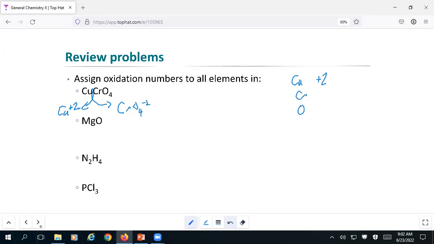Now for the chromate ion, if you familiarize yourself with the tips and tricks, you won't need to do this algebraic process every single time. You can just start figuring it out in your head as you go. But at least for the beginning, we'll look. So we've got chromium and we've got 4 oxygens, and that has to equal a total charge of -2.